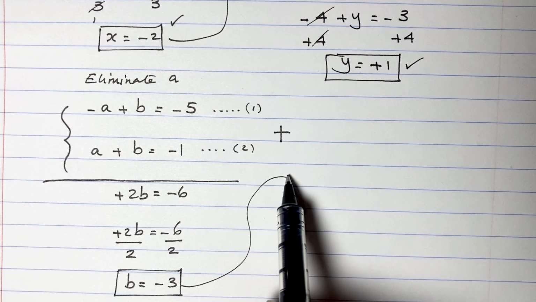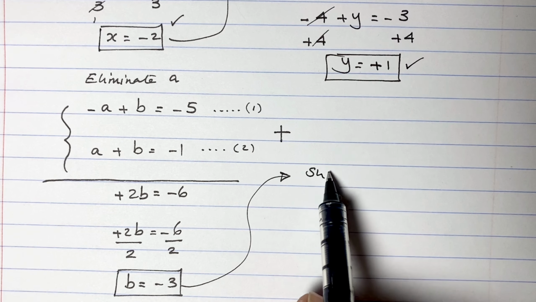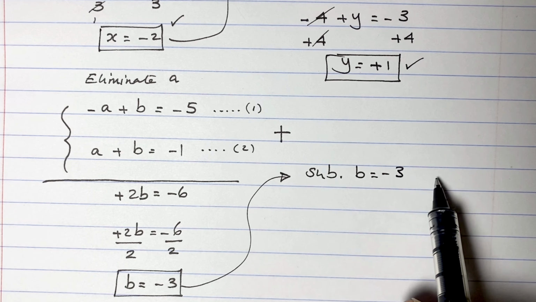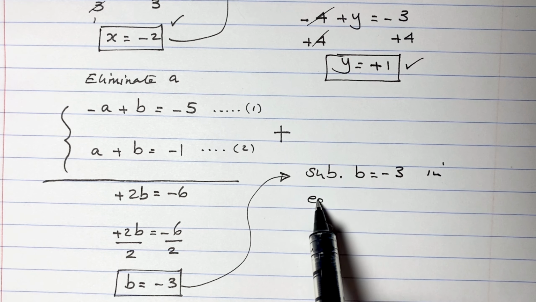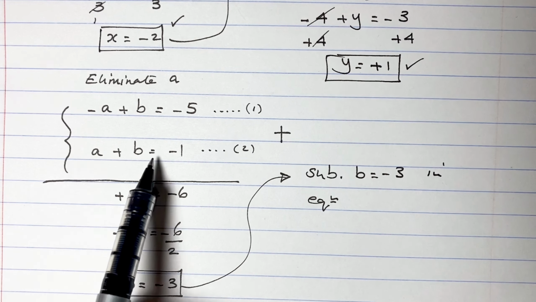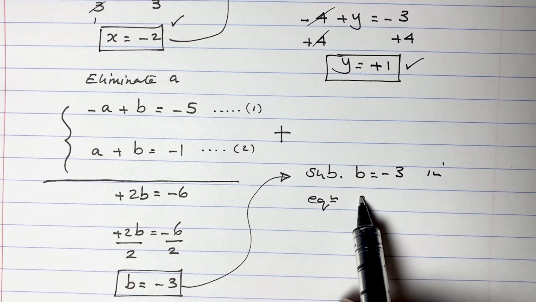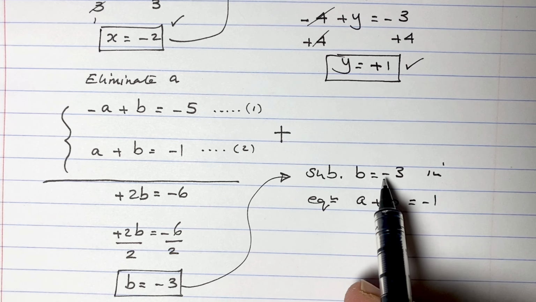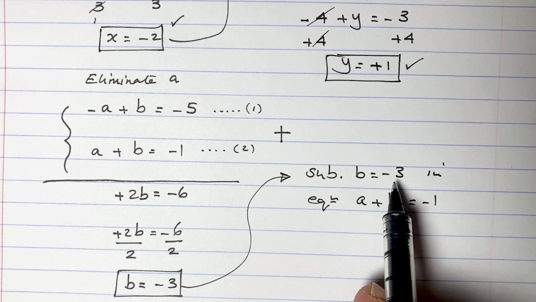Now sub b equals minus 3 in equation either 1 or 2. I think equation 2 is more friendly. a plus b equals minus 1. Replace for b as minus 3.